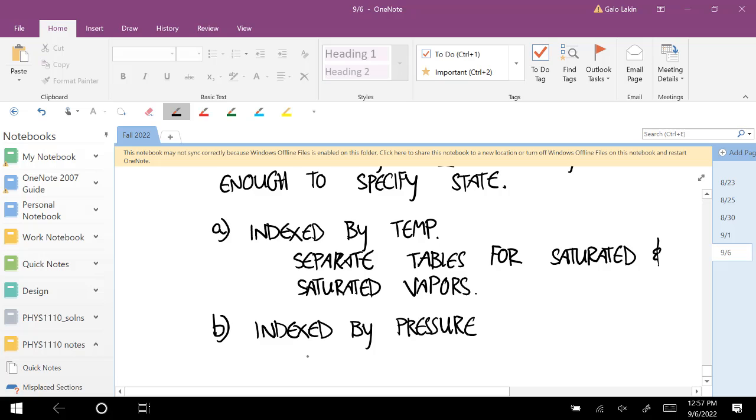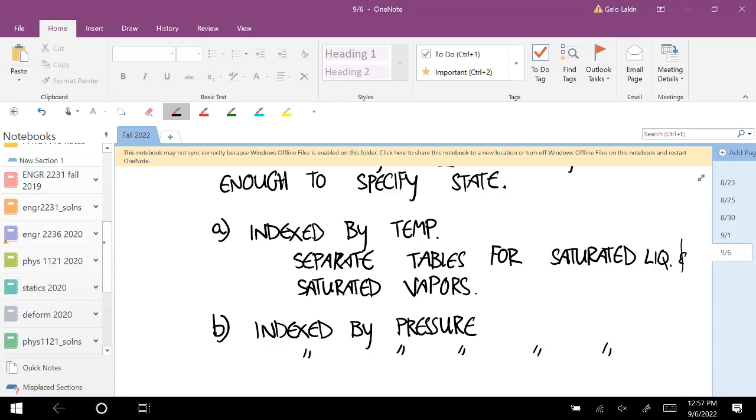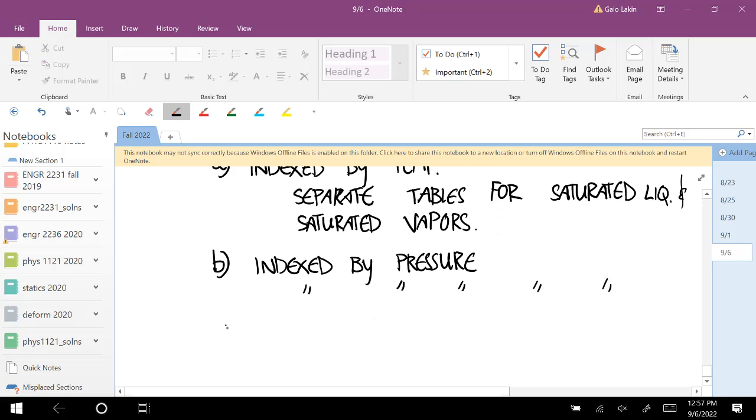And again, there are separate tables for saturated liquid and vapor. Like I said, these are the easiest ones to use, because you're looking up by a single value.